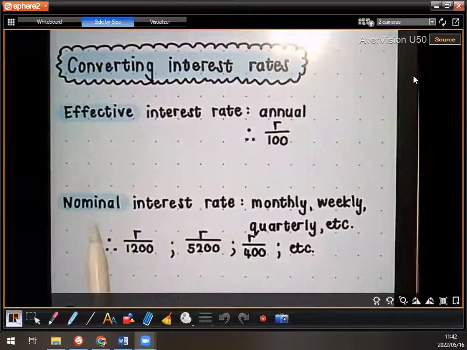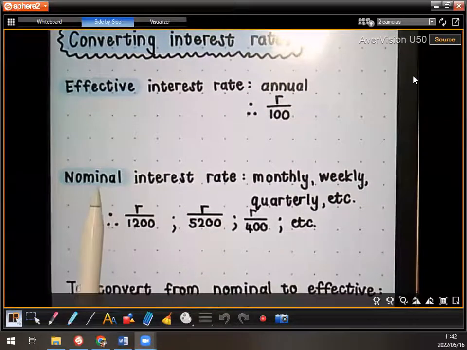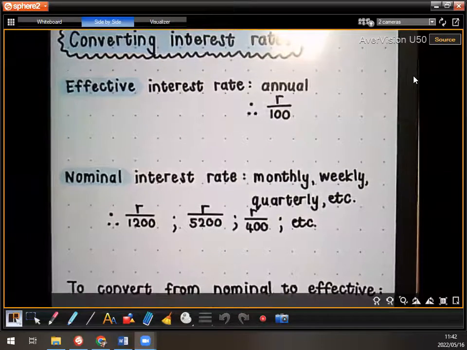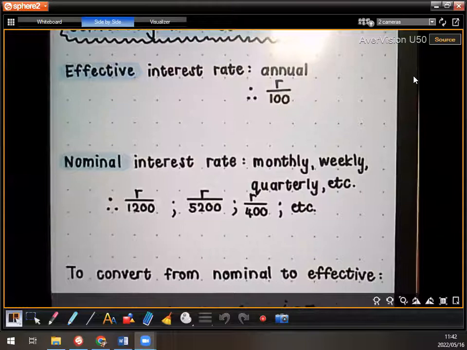Nominal interest rate, they don't really use this word so much in normal questions. But if they do, a nominal interest rate is the one that is more often than once a year. Effective is just once a year. Nominal is the one that we looked at on Thursday: monthly, weekly, quarterly, daily, biannually, whatever.